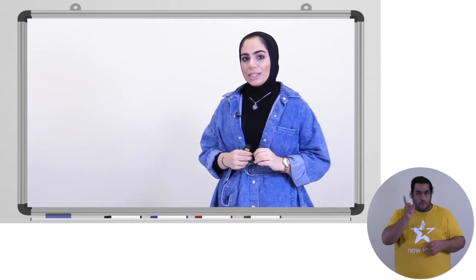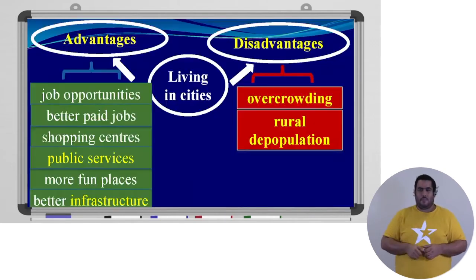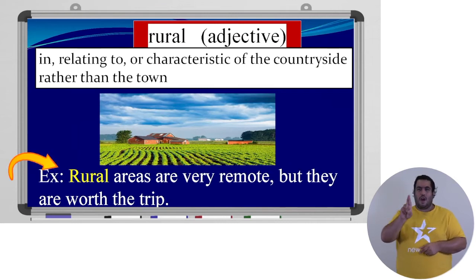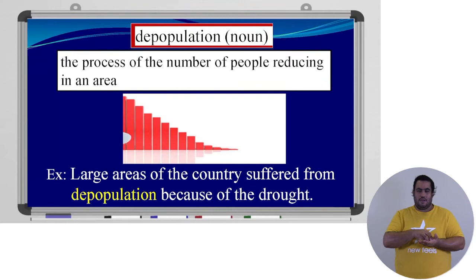Also, a disadvantage of living in the city is rural depopulation. Rural is anything related to the countryside. For example, rural areas are very remote, but they are worth the trip. They are very green areas. And depopulation means the process of the number of people reducing in an area, decreasing, becoming less.